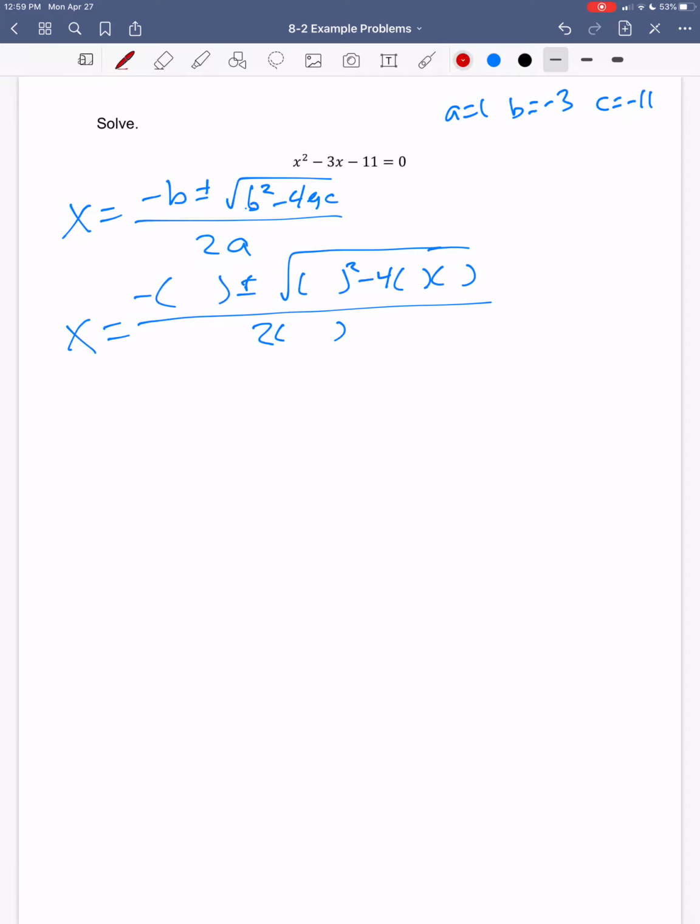So b is negative 3, a is 1, and c is negative 11. So the opposite of a negative is a positive. A negative squared is a positive. Here I get negative 4 times 1. That's negative 4 times negative 11 is positive 44.